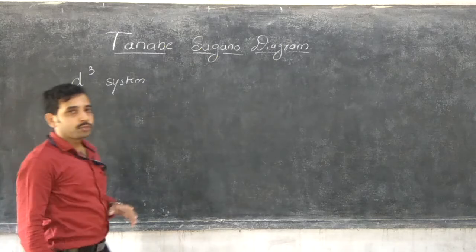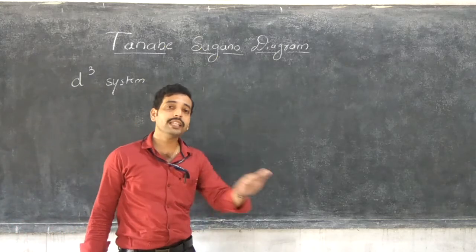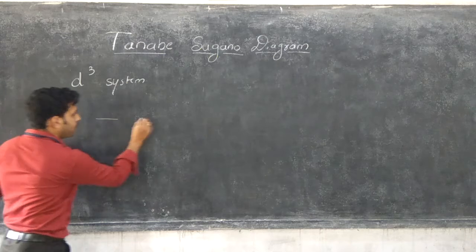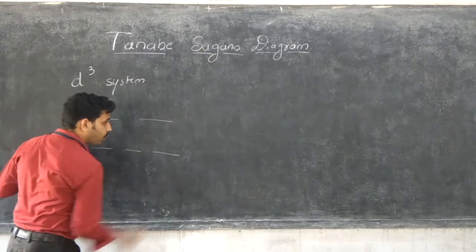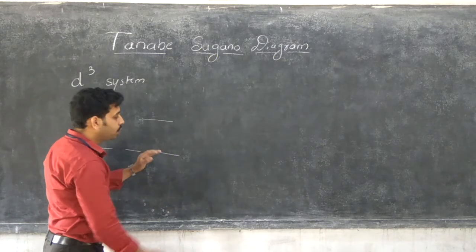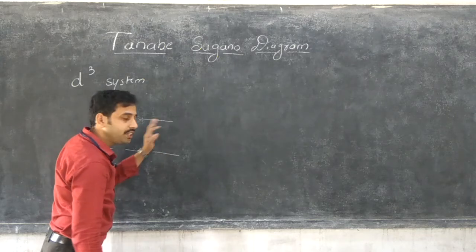the energy diagram should be the same for high spin as well as low spin complexes, because in the electronic arrangement of the d3 system, from lower t2g, higher eg, because in octahedral geometry, the t2g is the lower energy level and eg the higher energy level.